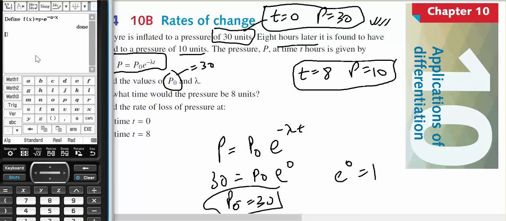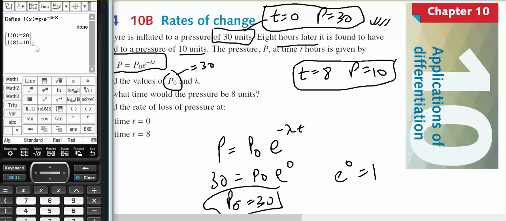So there's my definition. I'll bring up my simultaneous equations, Edit, Copy, Paste, Paste. I know that 0 will give me 30 and 8 will give me 10.